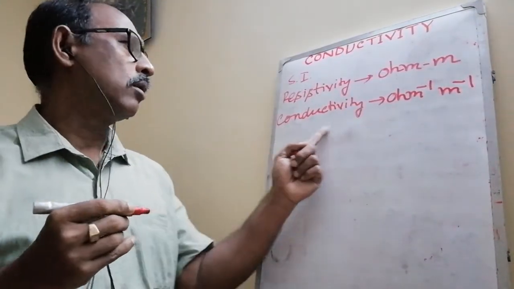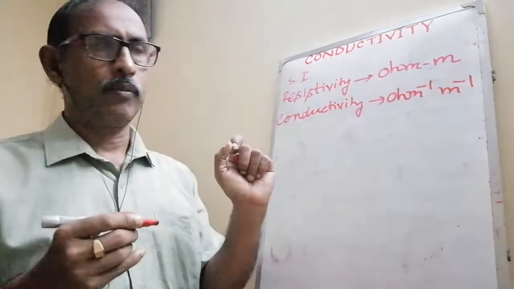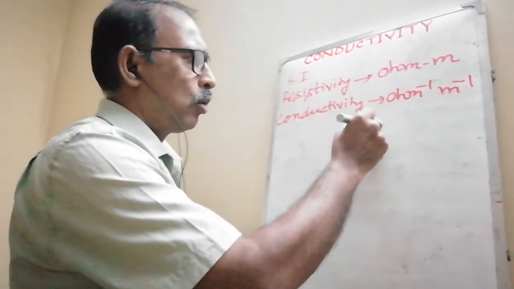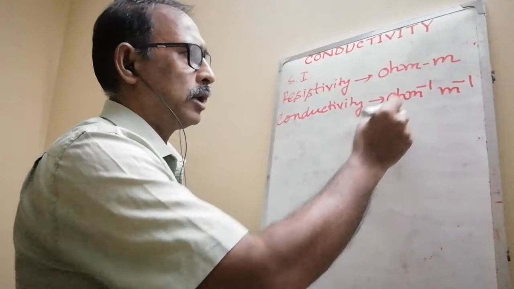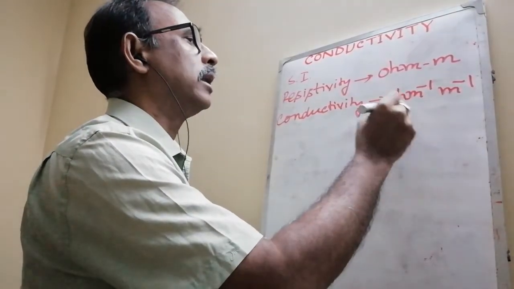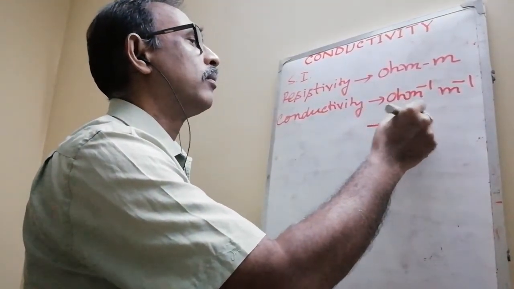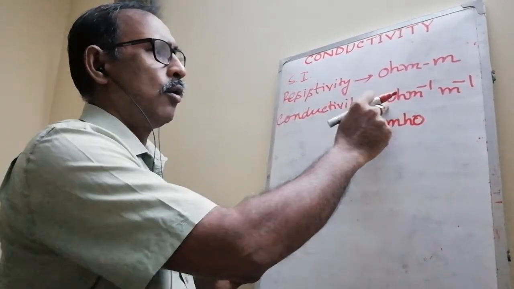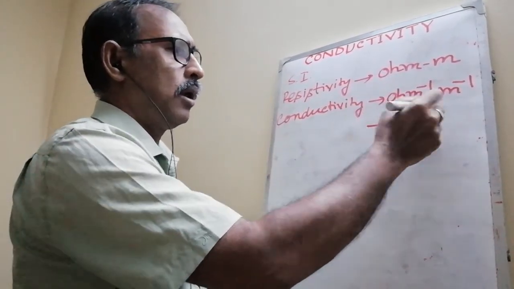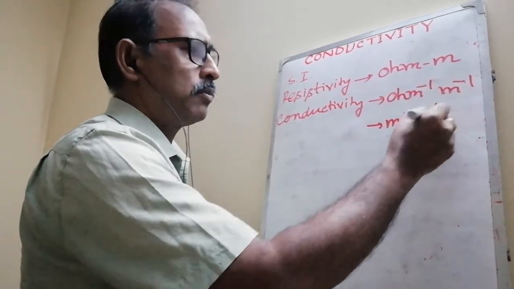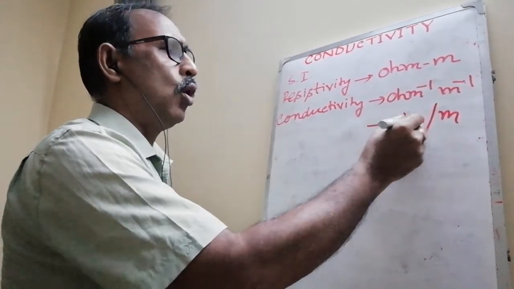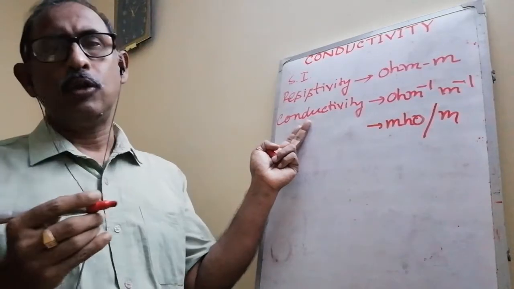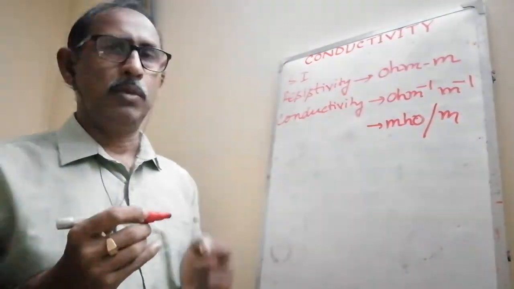This is the unit of conductivity. Ohm to the power minus 1 can be written as mho, just in reverse order. So meter to the power minus 1 means per meter, that is mho per meter. It is the unit of conductivity.